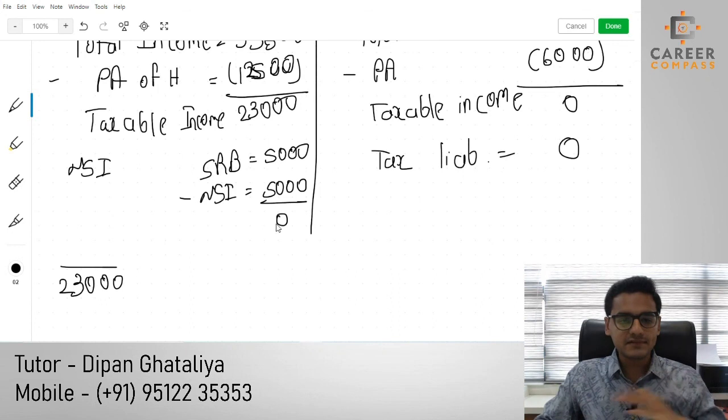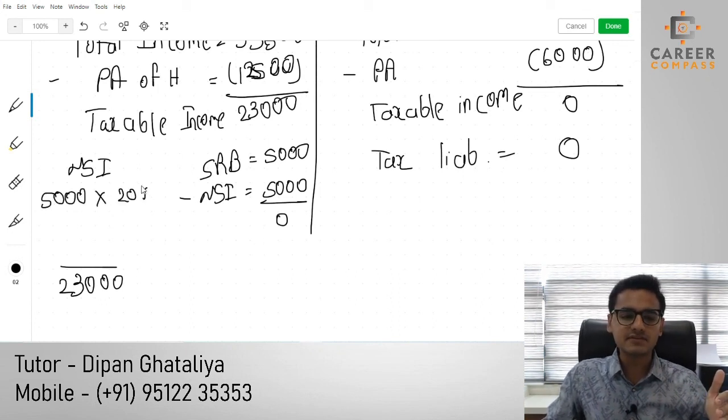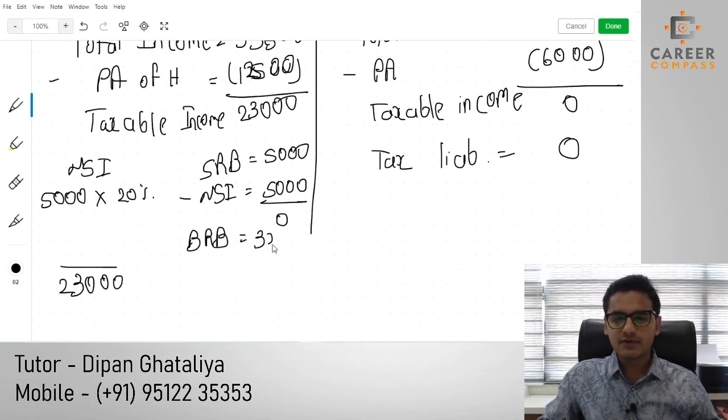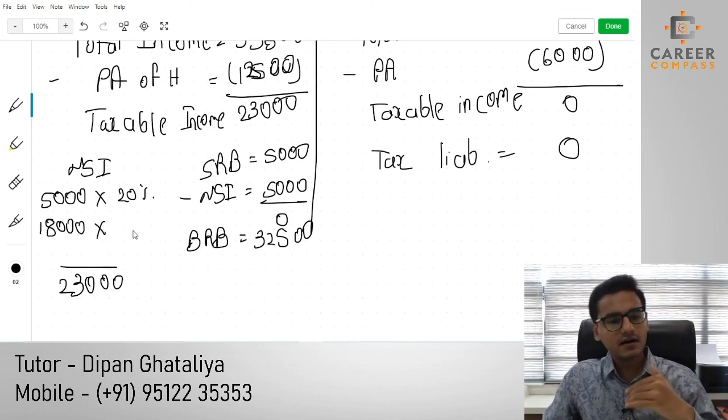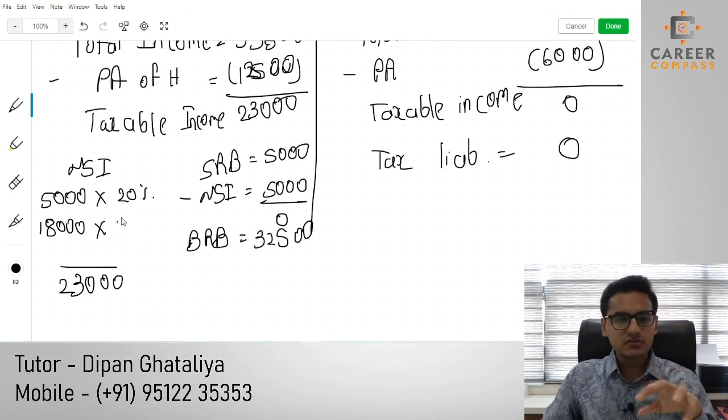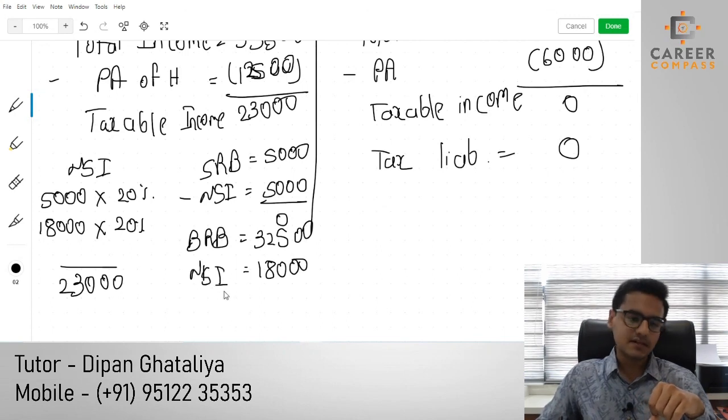Then the basic rate band is 32,500, but I once again have limited income over here. Only 18,000 of the income is now left to be taxed, so multiply it with 20%, against non-savings income.